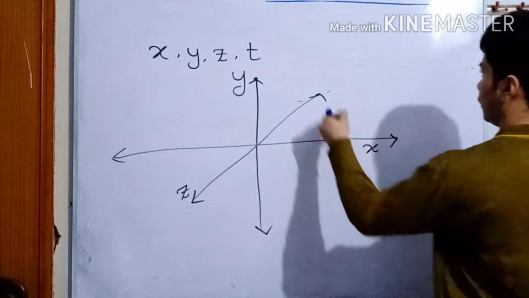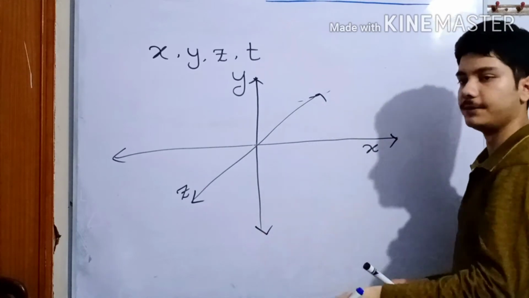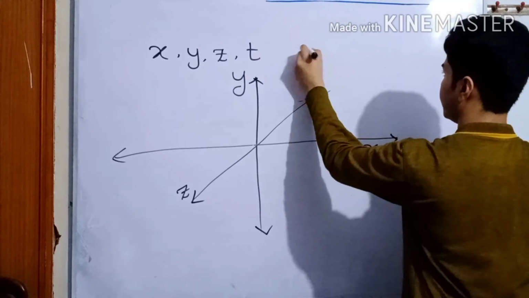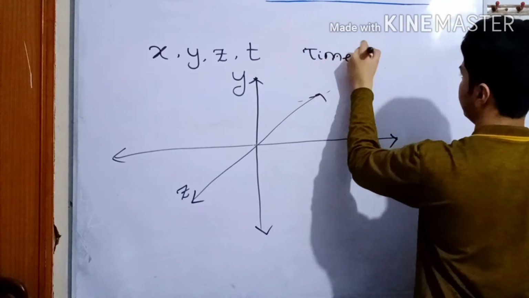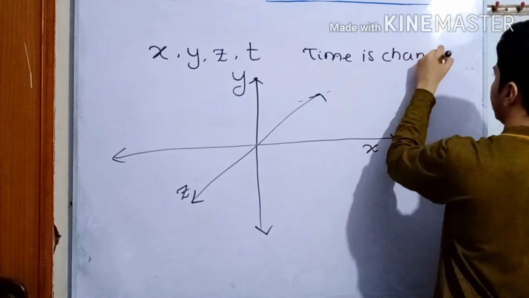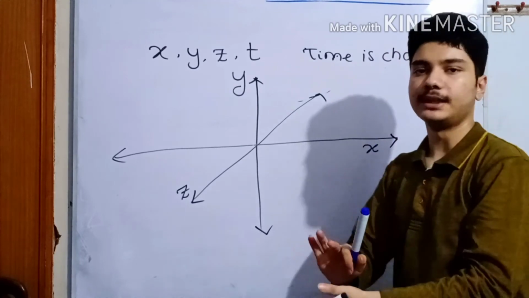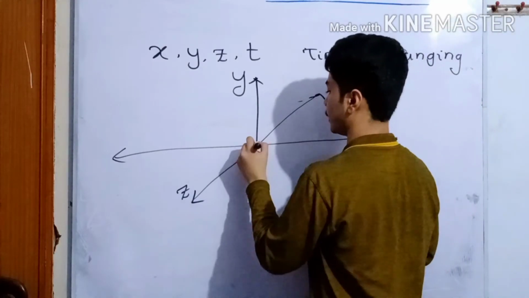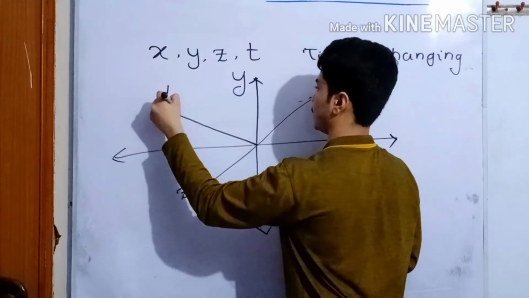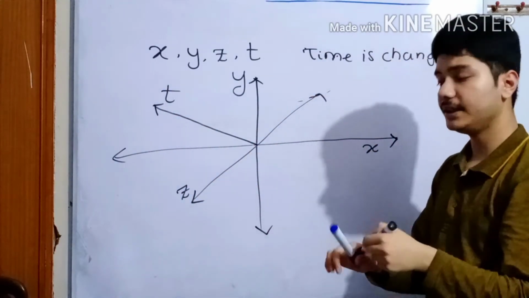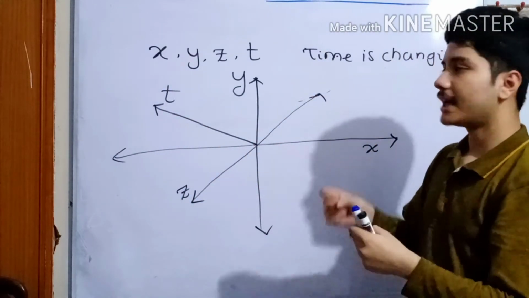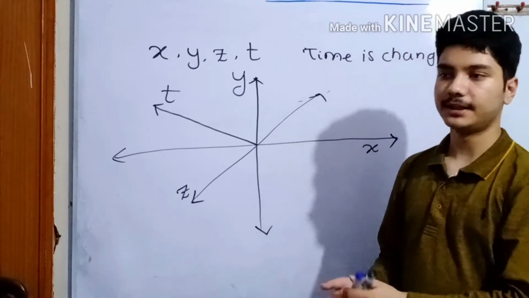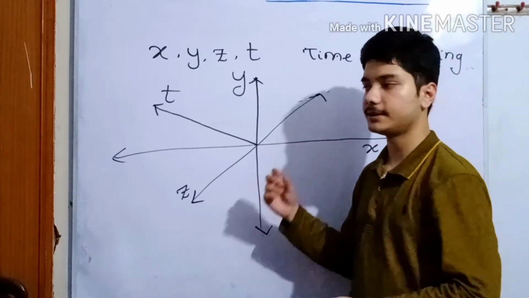Albert Einstein, as you know, was a great physicist. According to him, time is continuously changing, and time is the 4th dimension. Like this, this is time, and as you can feel, time does not stop here. It's continuously changing, minute by minute, second by second.